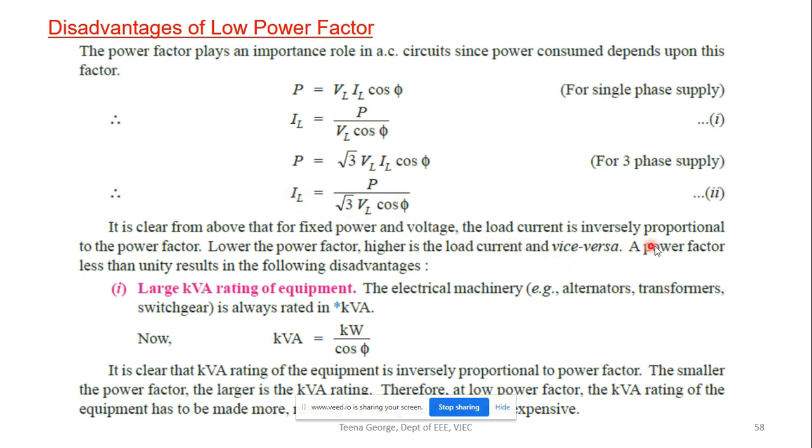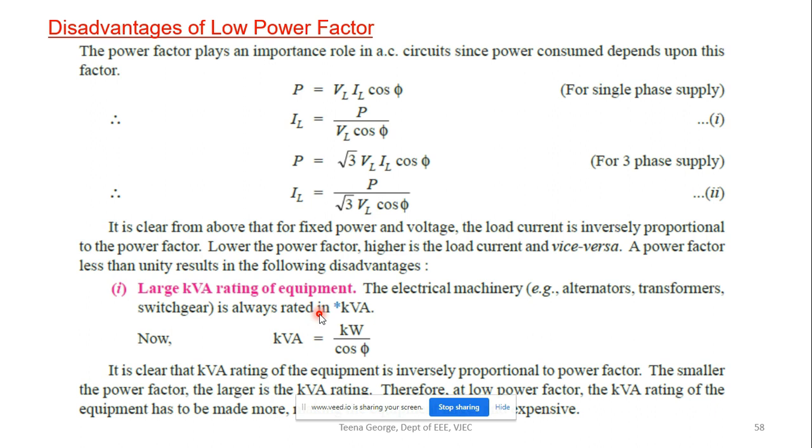Load current is inversely proportional to the power factor, and a power factor less than unity results in a higher amount of current, and also a large kVA rating of the equipment. kVA rating means apparent power rating. You know that alternators, transformers, etc. are rated in kVA.